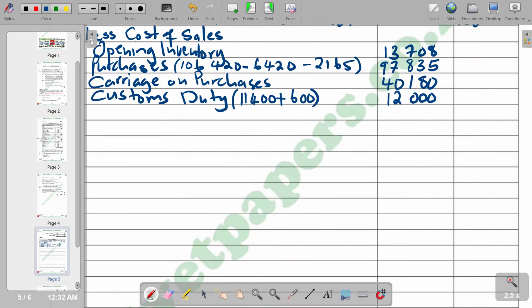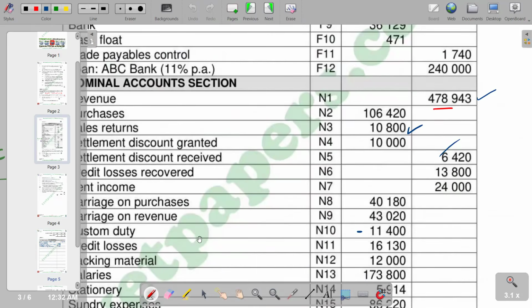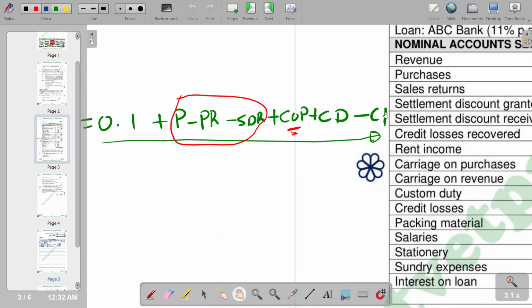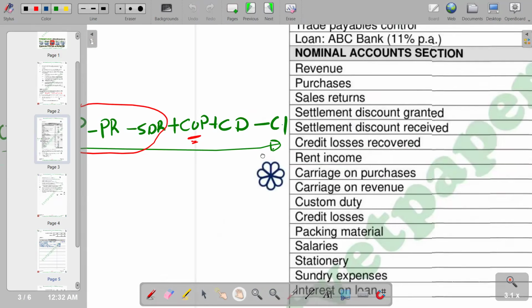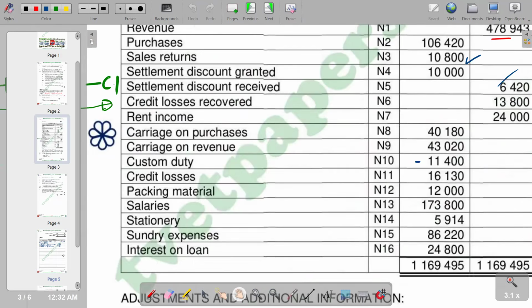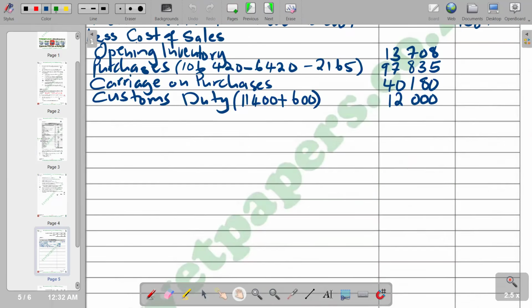So this is what we have. And then if we check according to our formula, after adding custom duties, we are now supposed to subtract our closing inventory. So in that case, we go back to our answer section. It means we need to add to what we have.